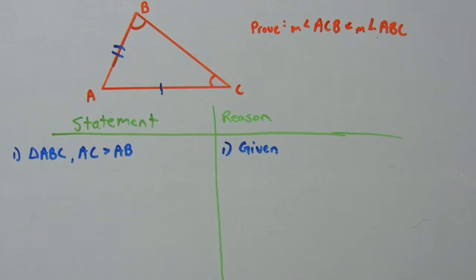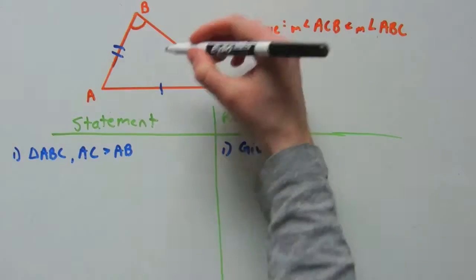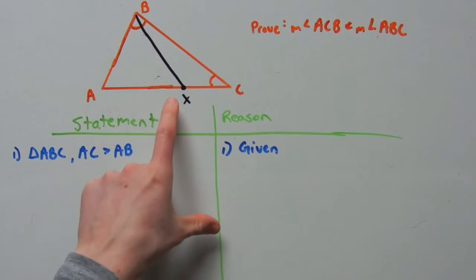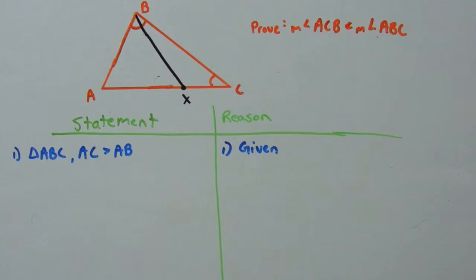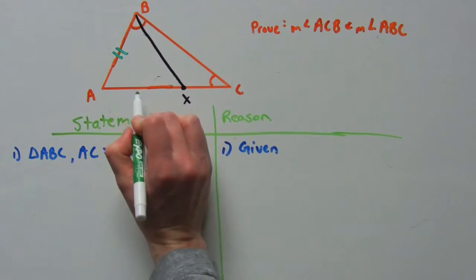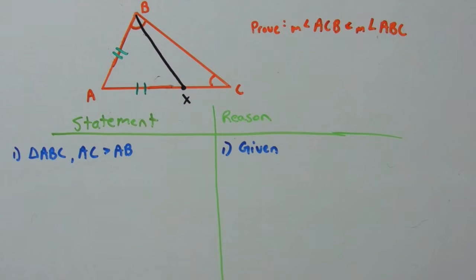What we're going to do to help us prove this is create an isosceles triangle using some point X on the triangle. Here we have point X between A and C, and I have created X so that this length AB is congruent to the length AX.